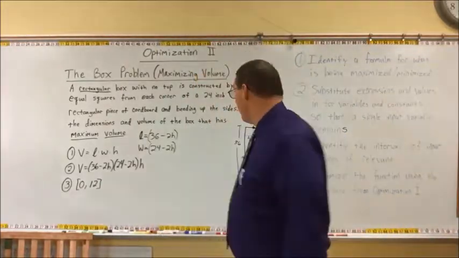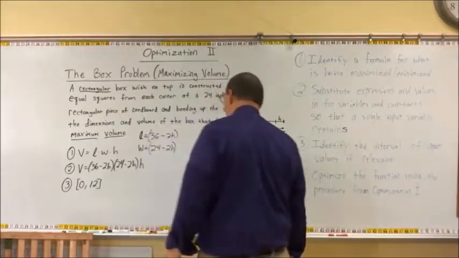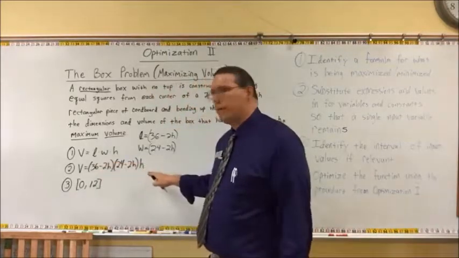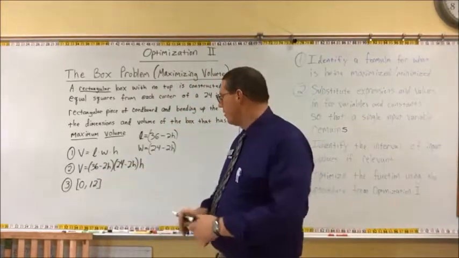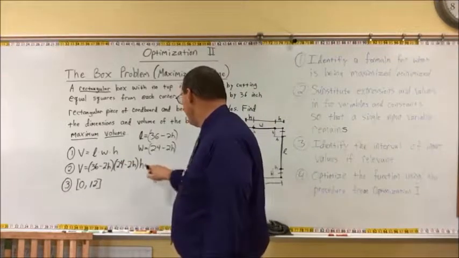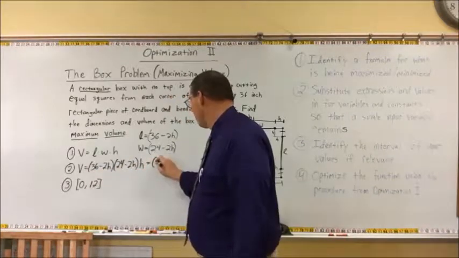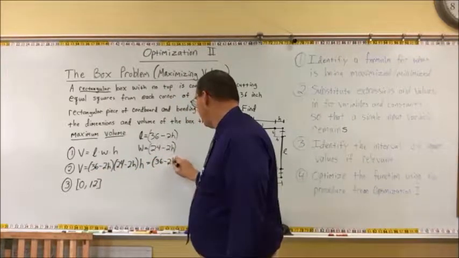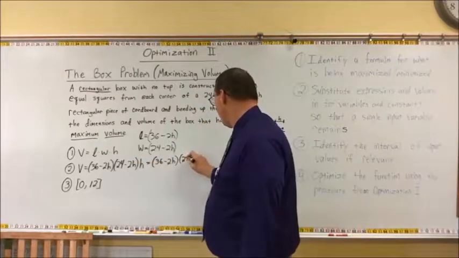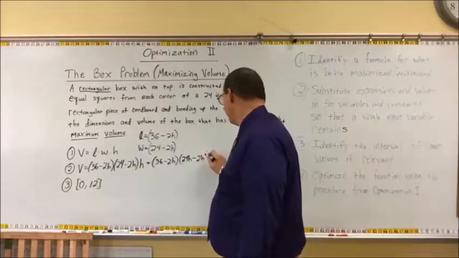Okay? All right, so now we'll go to step 4 and it says optimize the function using the procedure from optimization 1. Now, we could distribute this and turn it into a polynomial and then optimize it. In fact, I guess we can go ahead and do that. Let's distribute the h here, and we'll bring over the 36 minus 2h. And now I'm going to distribute this h here, and I'll have 24h minus 2h squared.